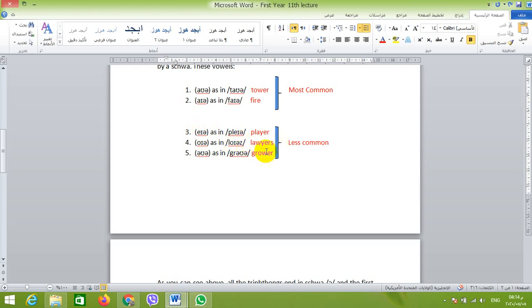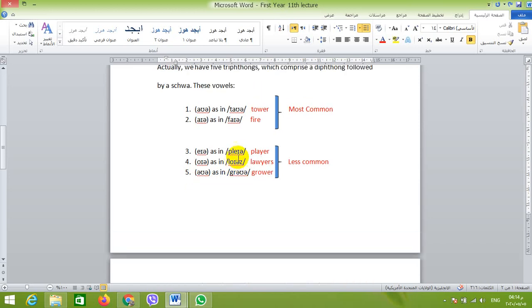And owa, o plus schwa, it becomes owa, as in grower. So these triphthongs are the most and less common triphthongs we have in English. These two are commonly used. These are less commonly used.